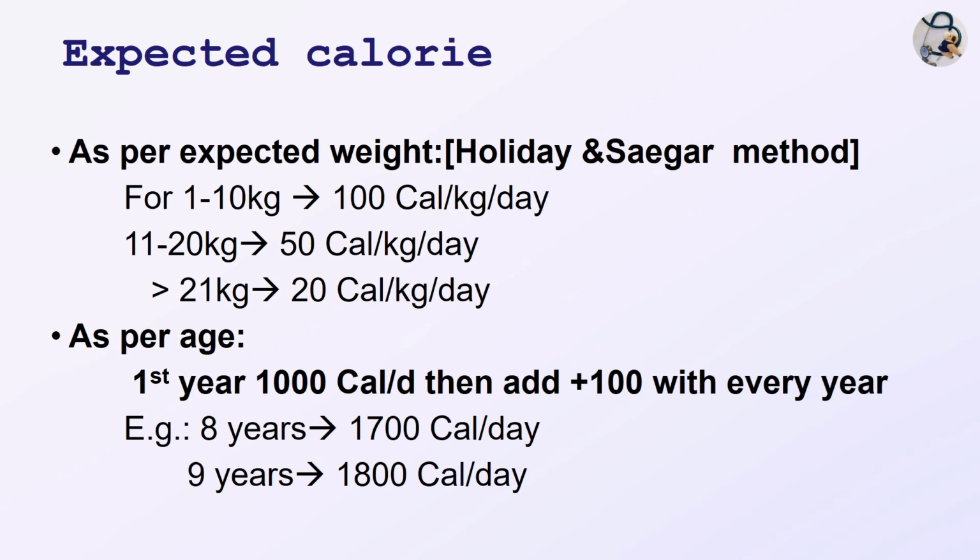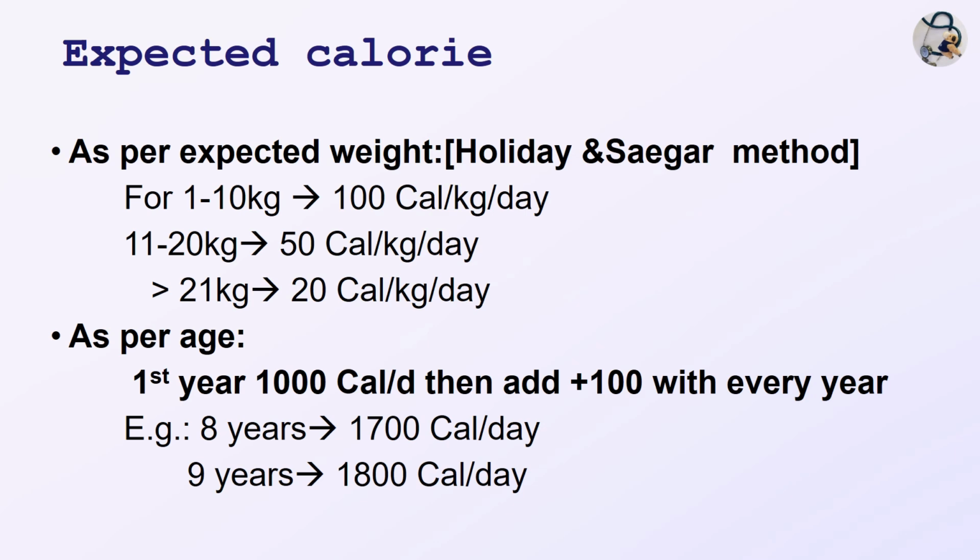For the second 10 kg, that is 11 to 20 kg, 50 kilocalorie per kg per day is the requirement. So if the child is 20 kg, then the first 10 kg was 1000 kilocalorie, for the second 10 kg you will do 10 into 50, so that will be 500, then 1500 kilocalorie per day will be the requirement of a 20 kg child. So that way you go on calculating.